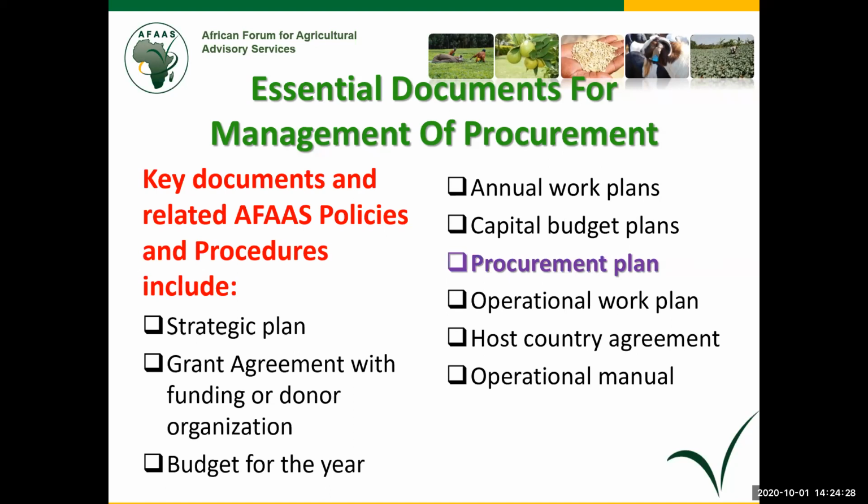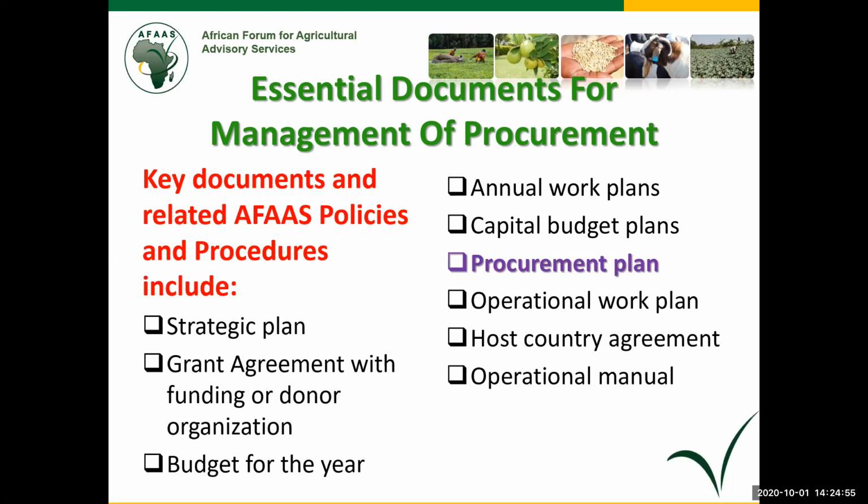Now, how does the blue thing, which is the procurement plan, come in? The procurement plan is key, but it is an extract from the activities that you have listed in your annual plan. So the annual plan should enable us get the procurables that we shall be able to undertake during the year.